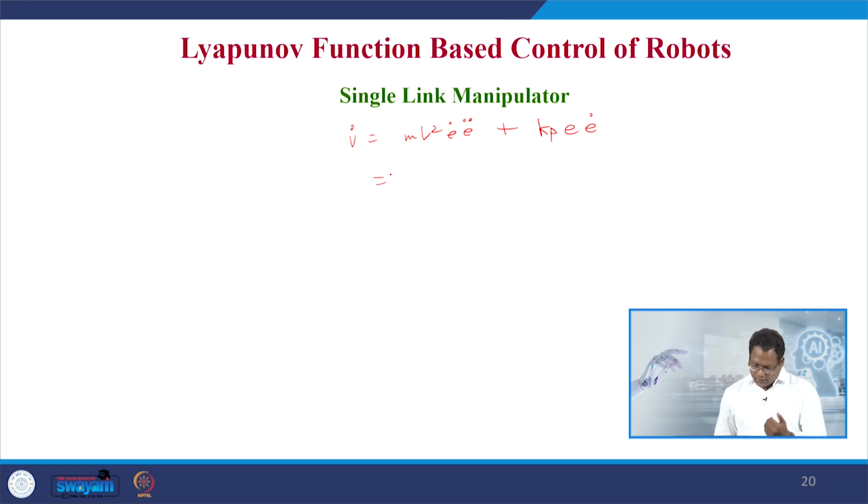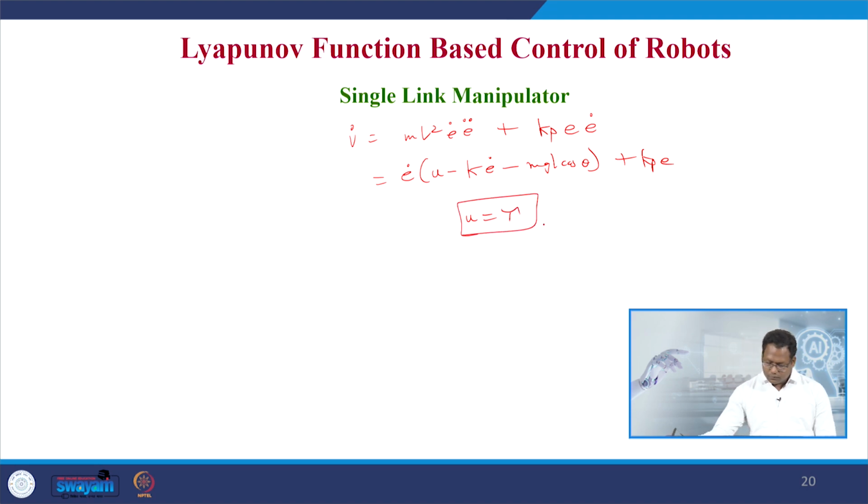Having taken E dot outside, we can say that it is E dot multiplied by (u minus k E dot minus m g L cos theta plus k p E), where u equal to tau. That is the controller that we are going to choose in order to make V dot less than 0, or negative definite.